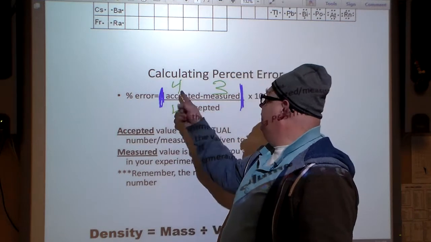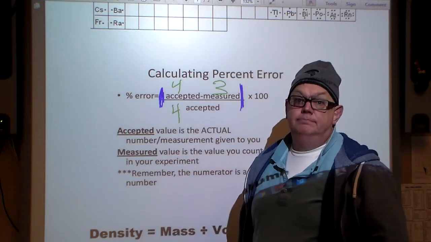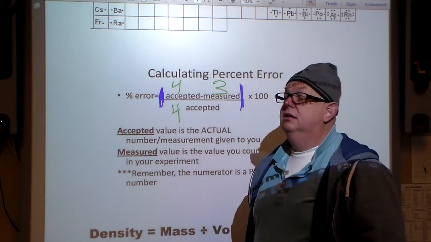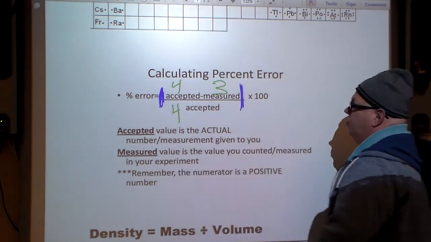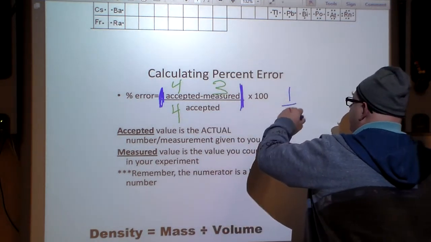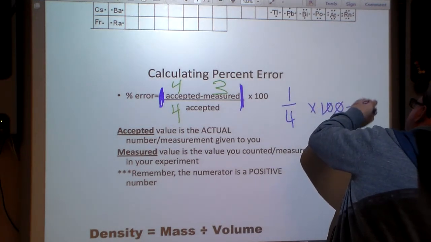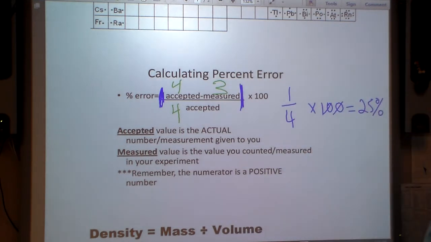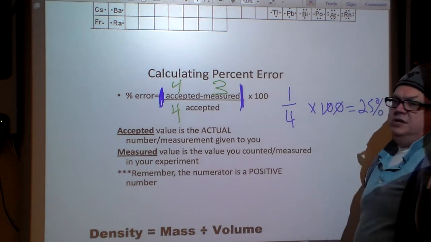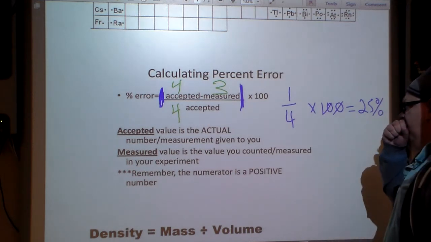It doesn't matter if this is going to be negative or not, okay? That's a key thing. So 4 minus 3 is 1. 1 divided by 4 times 100 gives you a 25% error. So that's what it would look like.